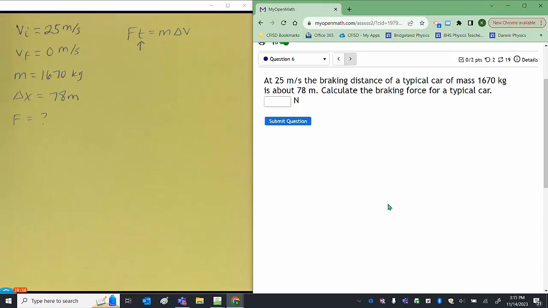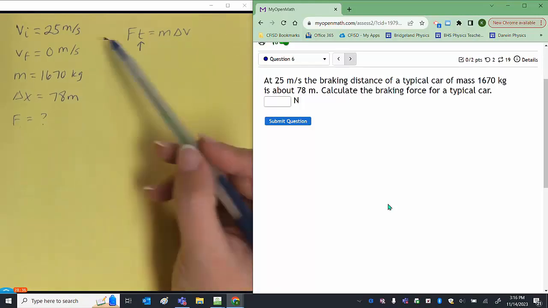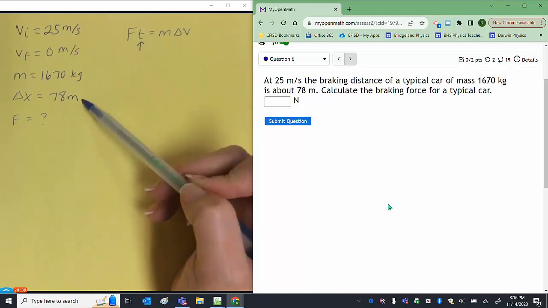I can find time not just in that equation but also in my kinematic equations. I've got 4 of them. Those kinematic equations contain variables of VI, VF, time T, A, and delta x. Looking at my paper, I have 3 of those. That is enough for me to find time.